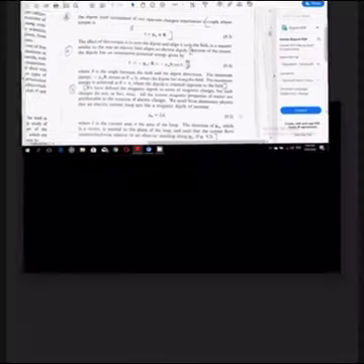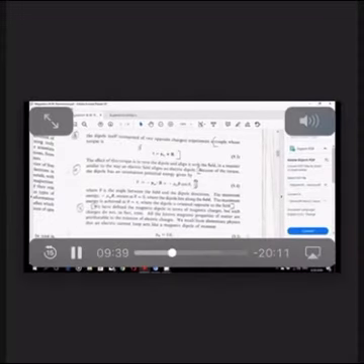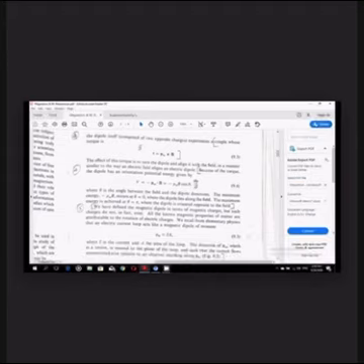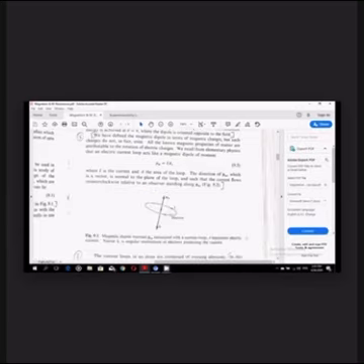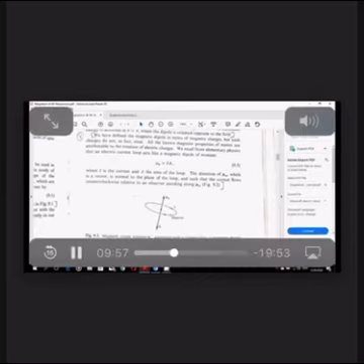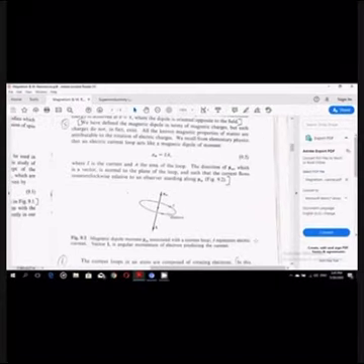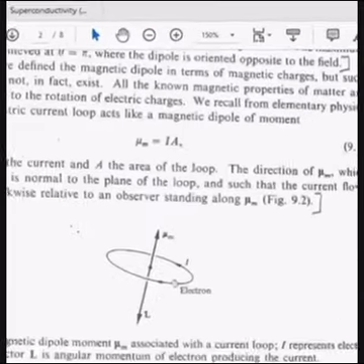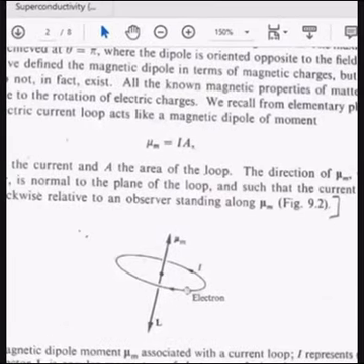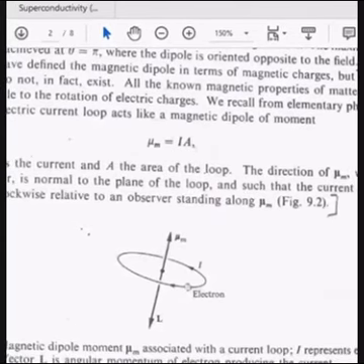And the direction of μm, which is a vector, is always normal to the plane of the loop, such that the current flows counterclockwise relative to an observer standing along μm. So if you curl your fingers in the direction of the conventional current, the thumb will give you the direction of the magnetic moment.